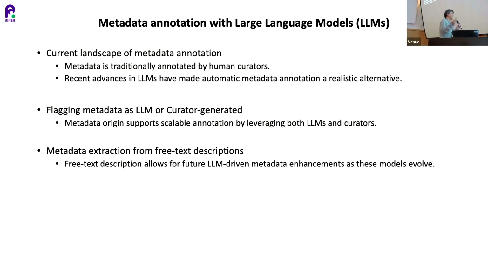Maybe many of you are already doing this as well, but we have already tested it and have a positive impression. Still, we think human annotation is much better than automatic LLM-based annotation. So we propose flagging the origin of the metadata: whether it is human annotated or LLM annotated.